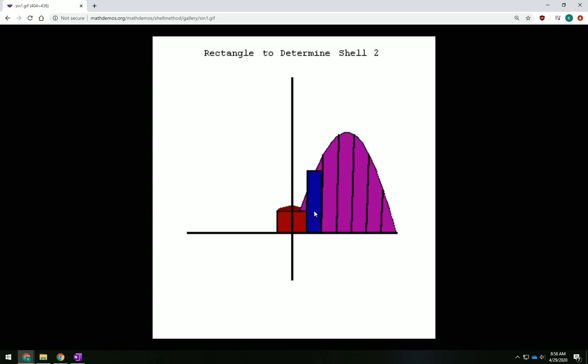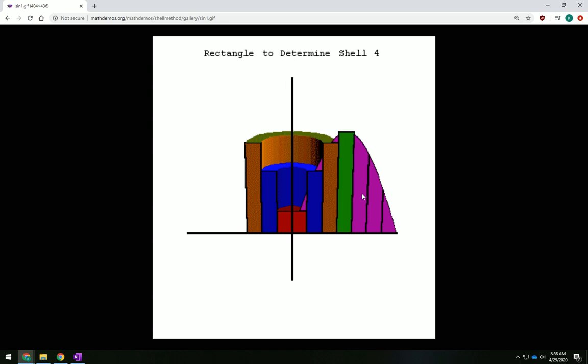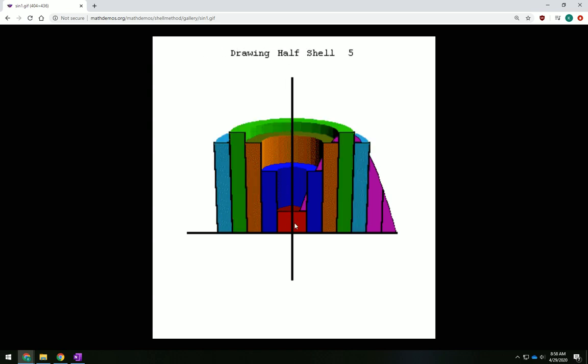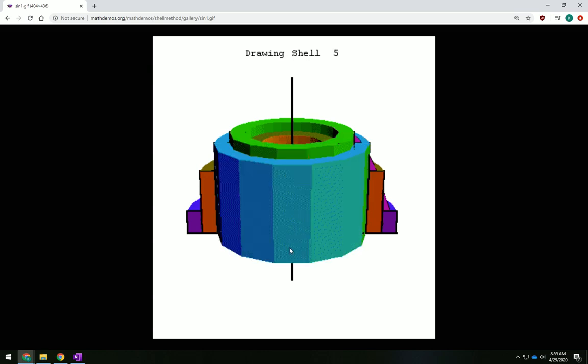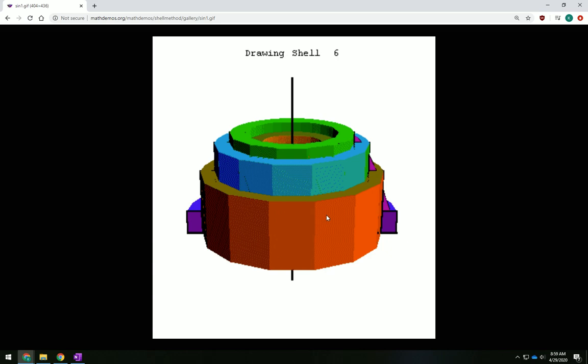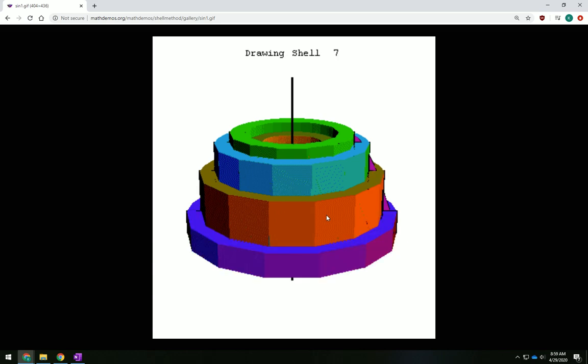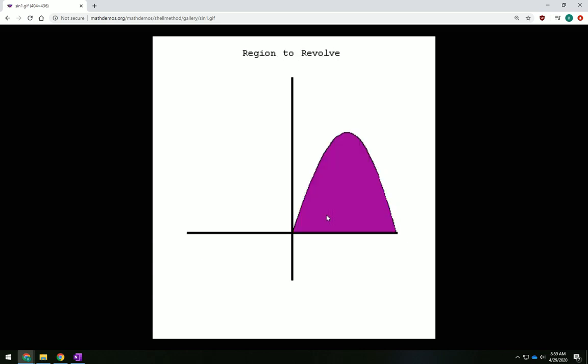And if I was to do this for every single one of my starting little rectangles, I could start to see that I create these nested shells, or cylindrical shells. And if I capped them all off, rotating them the full 360 degrees, they all start to layer around each other. And this gives me at least a rough approximation of the actual solid, which would look something like this.